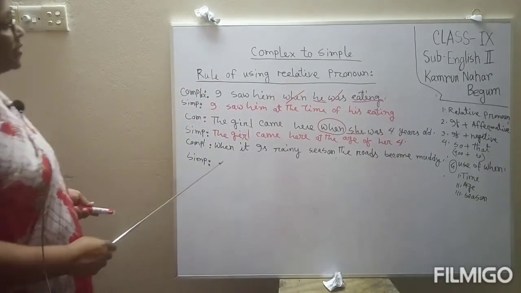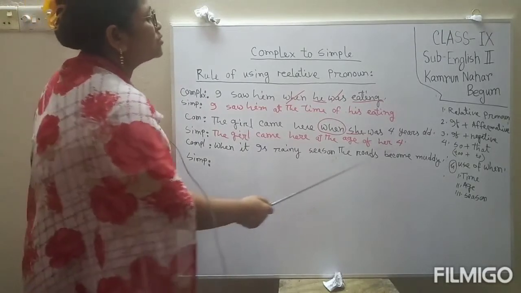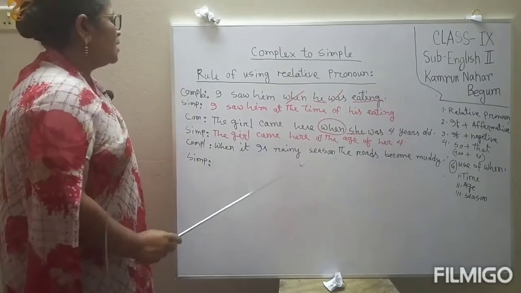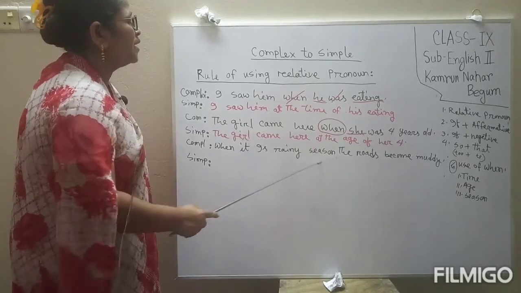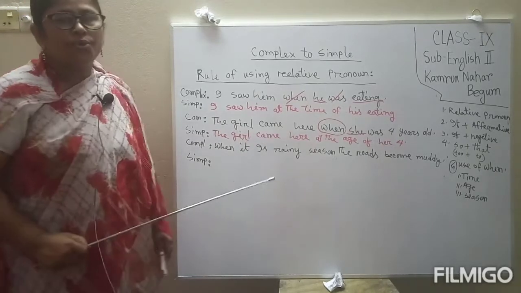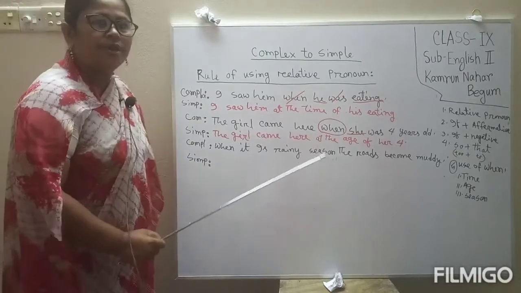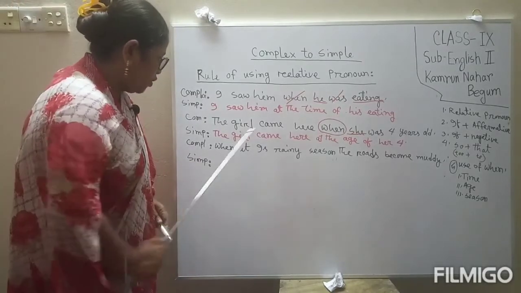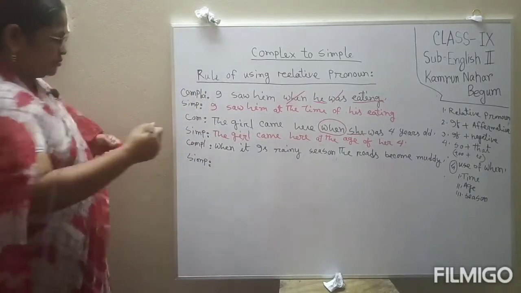Here we have: When it is rainy season, the roads become muddy. Here, when mentions the season, and if we see it, we can use during or in instead of when. So what will we write?